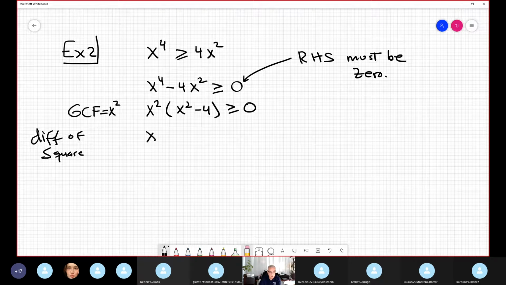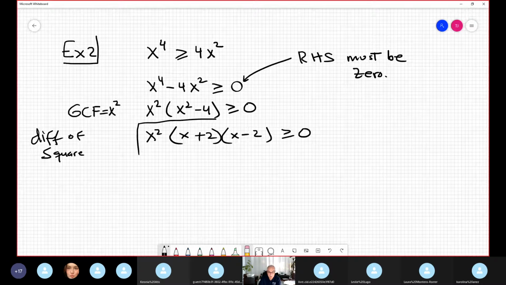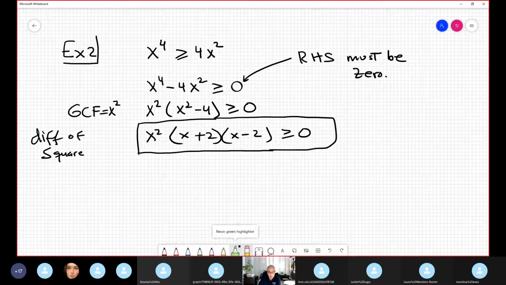Look, it's x squared, open two parentheses, binomial factorization, difference of squares is x and 2, plus or minus. It doesn't matter which is plus and which is minus. When you finish the factorization, this is a super important moment, and you put this information inside a box to emphasize it's important.